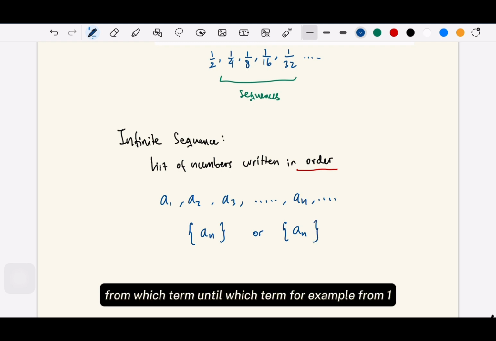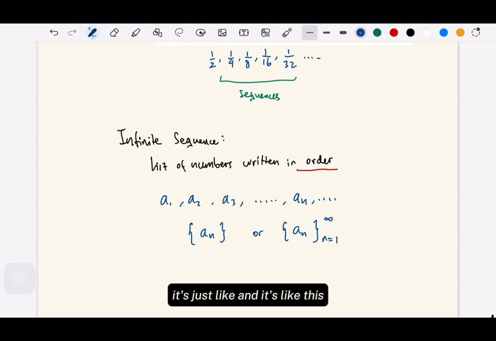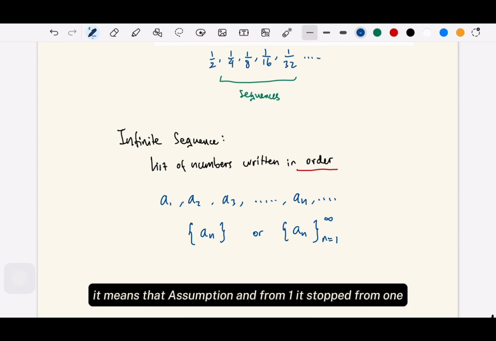For example, from 1 to infinity, because it's an infinite sequence. Or if there's nothing there, it means that it starts from 1.